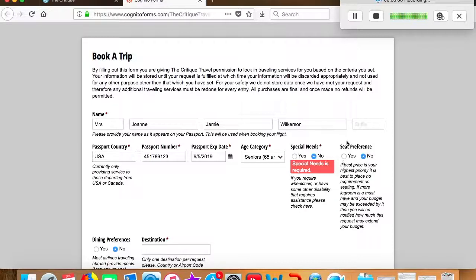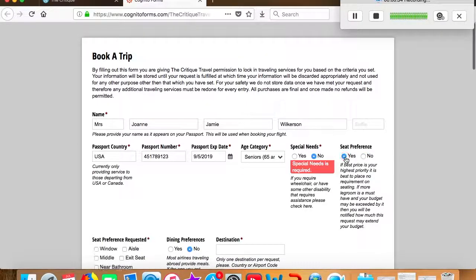So, let's say you have a seat preference. This is not a required statement, but if you have a seat preference, such as you just only travel business class, or if you have to travel first class, or if you have a preference in terms of traveling via an exit window so that you can have more leg room, these are things that you need to state.